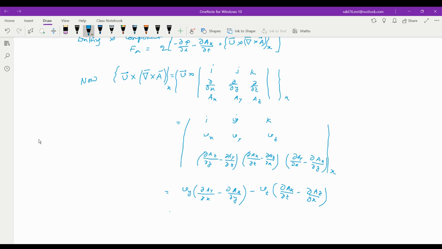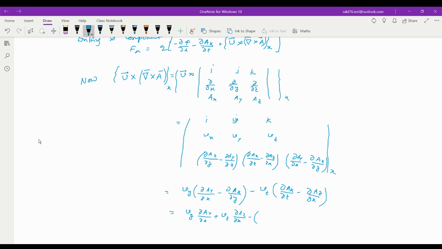So this comes out to be, bringing all the positive signs here, Vy del Ay del X, then Vz del Az del X, and all the negative signs in a bracket.